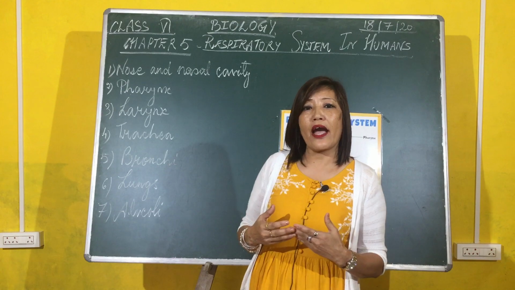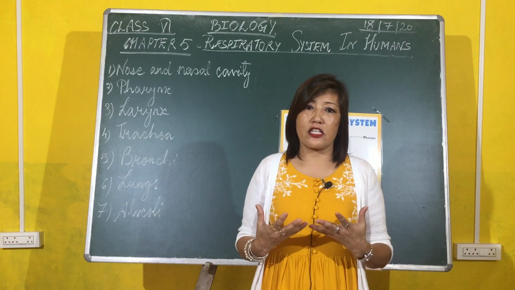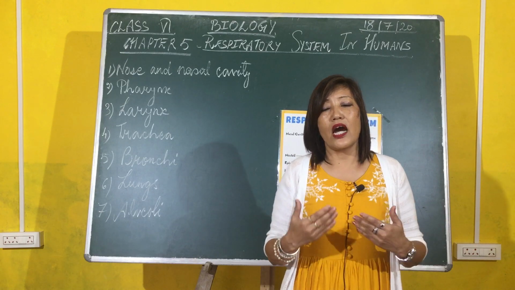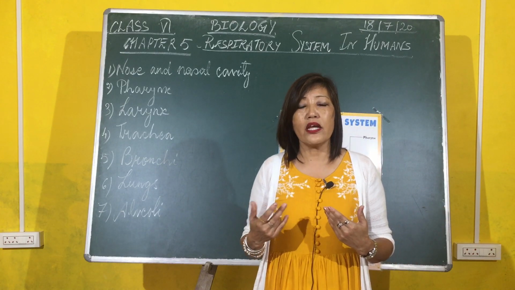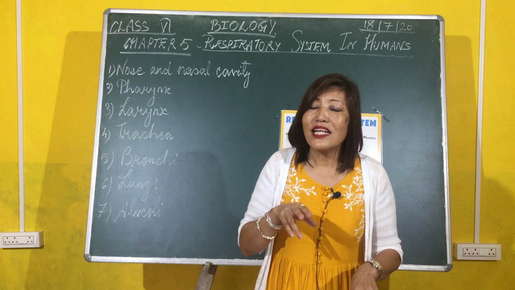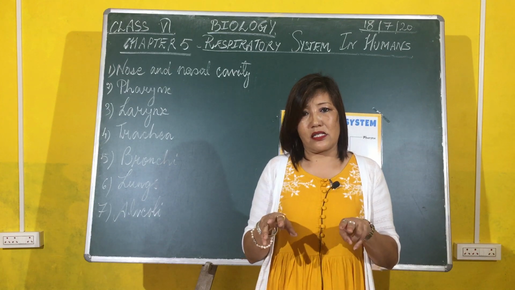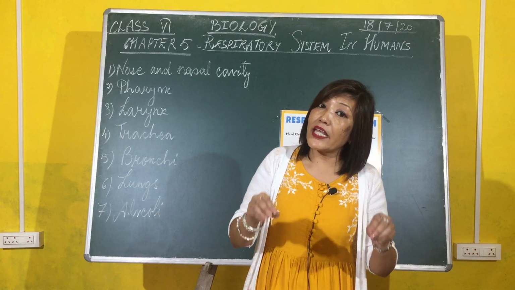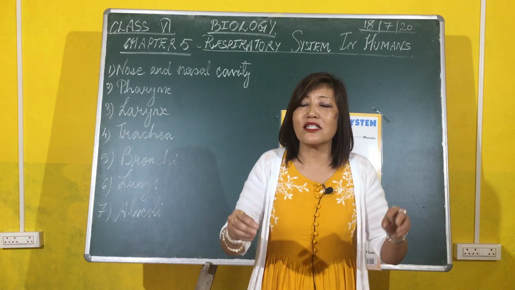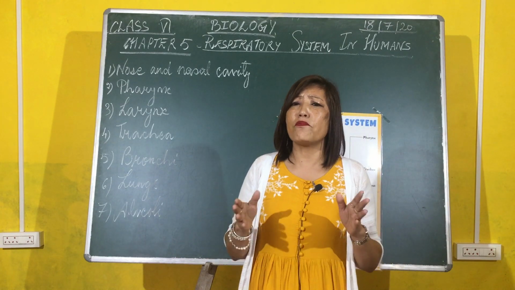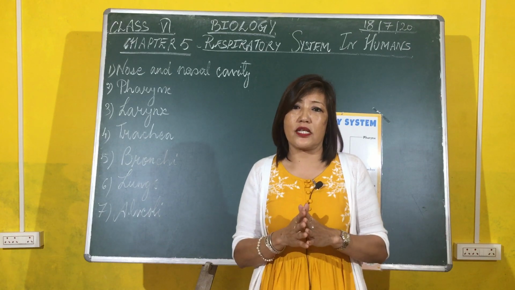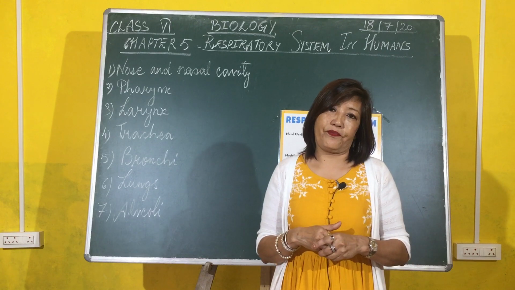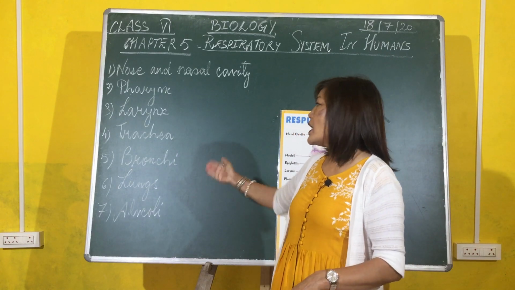Since we have a pair of lungs, one on the left and the other on the right side, each bronchus leads to a lung. And each bronchus is subdivided into many small branches, and those small branches are called bronchioles. Then comes the lungs.